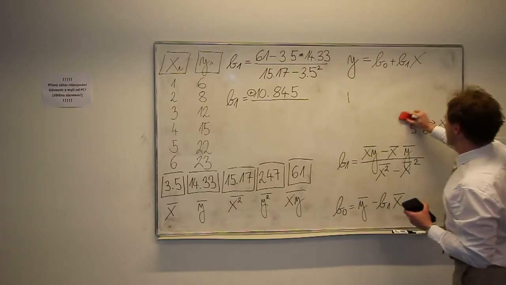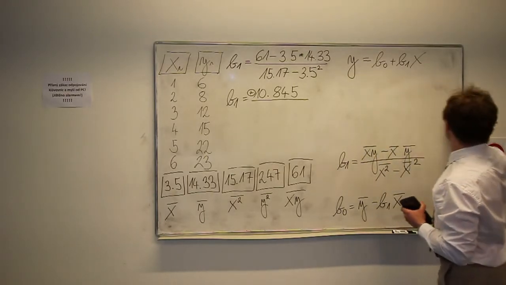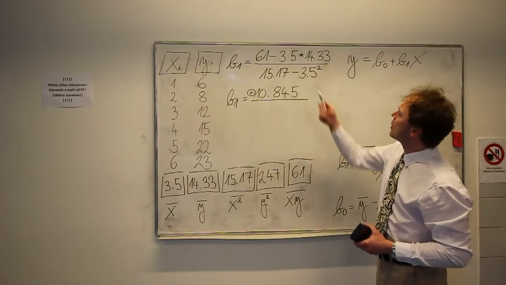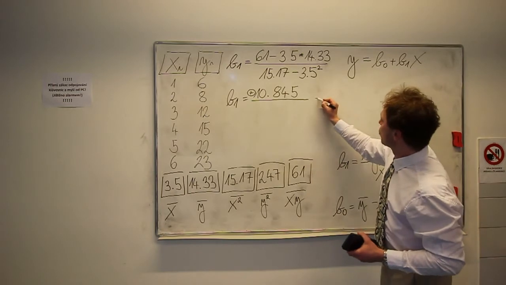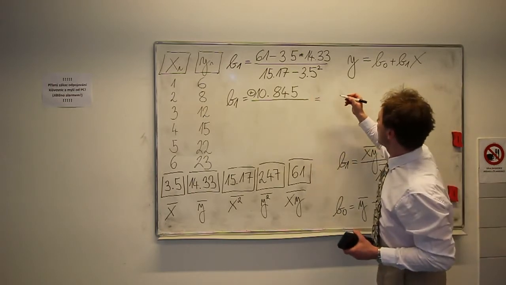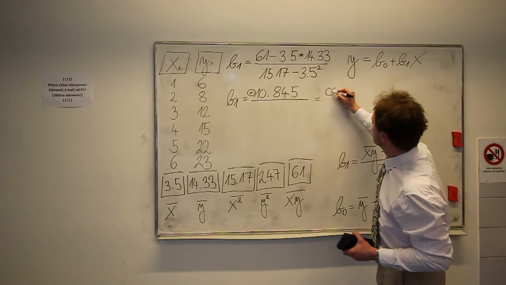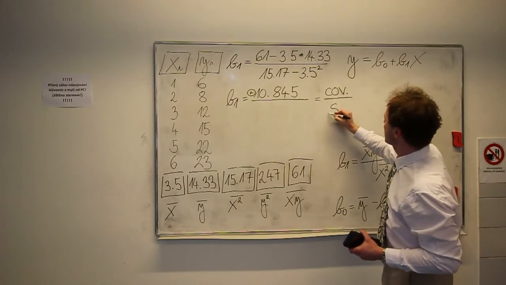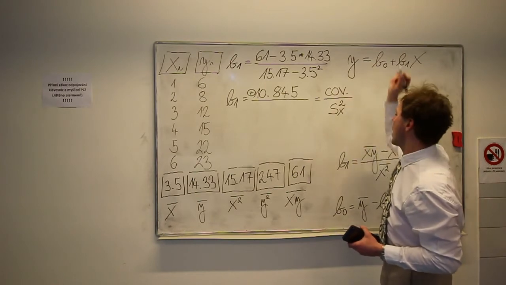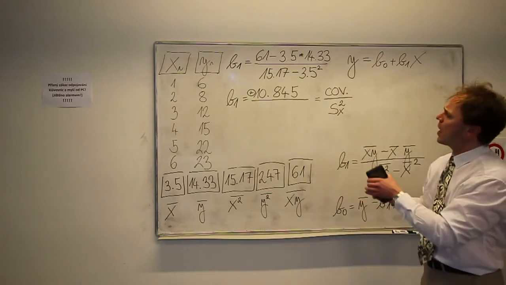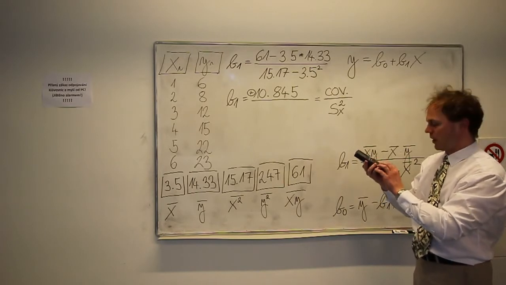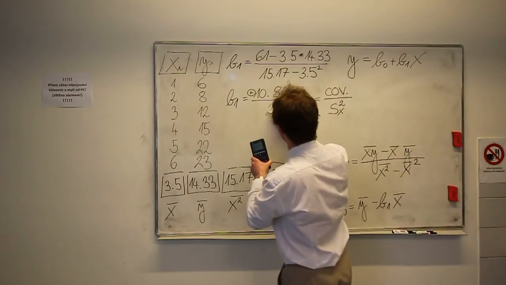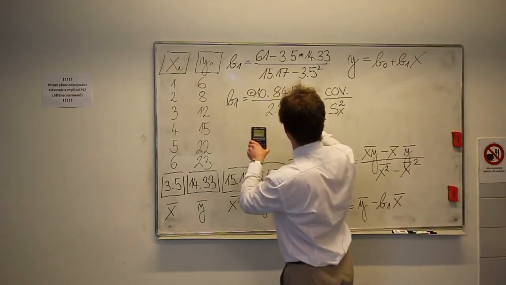I can delete this picture because we need a space, and in the denominator there is a variance of variable x, yes? You can check the formulas that we have here, covariance divided by variance of x, yes? And this variance, 15.17 minus 3.5 squared, is 2.92.